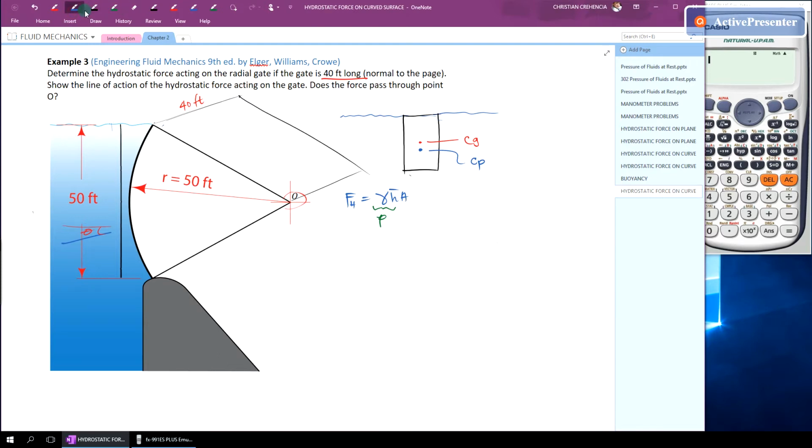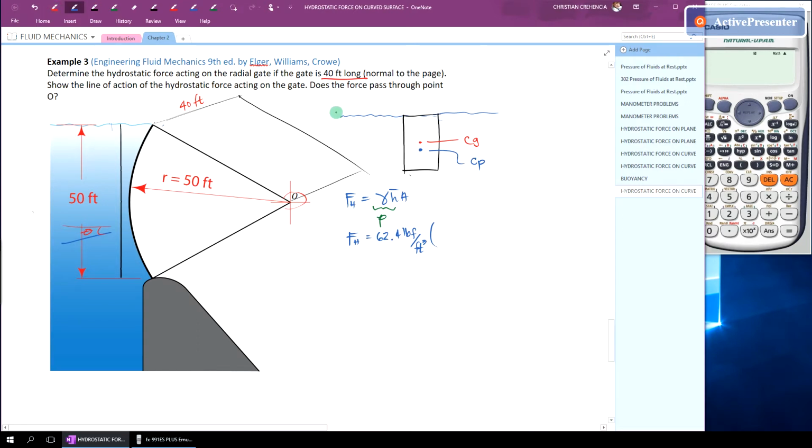Okay, so let's solve for the horizontal component of the hydrostatic force. So unit weight, since English yung ating unit, so that is 62.4 pound force per cubic foot. Okay, multiplied by h bar.